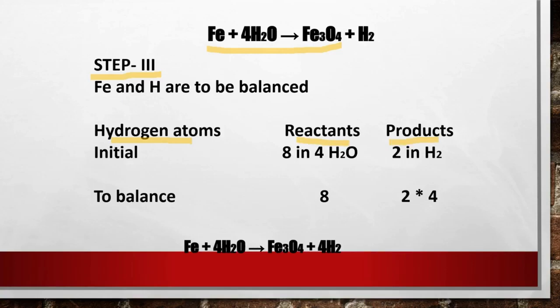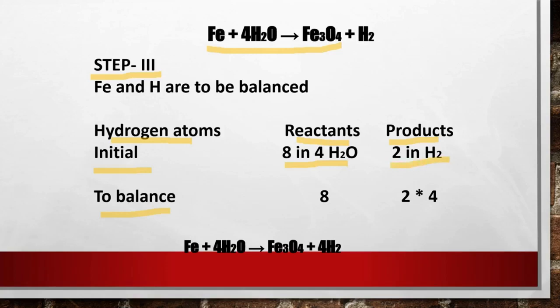Now below hydrogen atom again we will write initial number of hydrogen atoms present and to balance how many are required. So on the reactant side initially you can say there are 8 hydrogen atoms in water molecule, and this is what I have written here. And on the product side there are 2 in hydrogen.